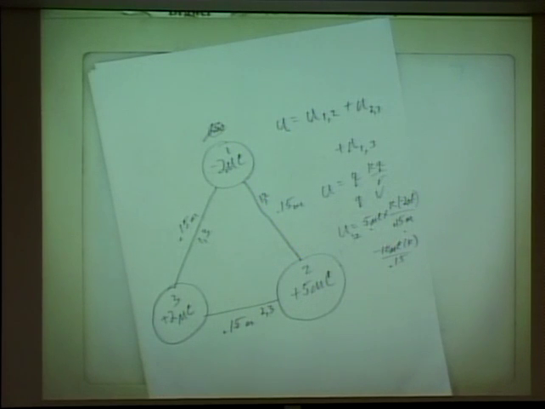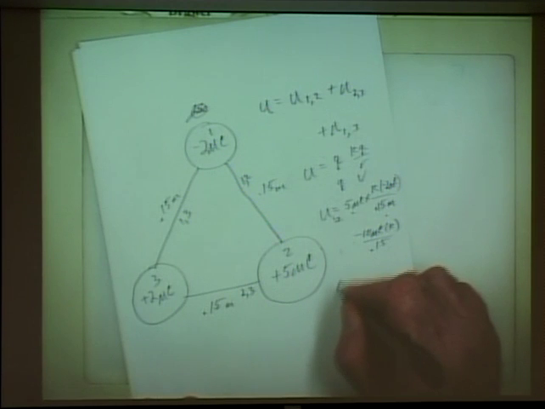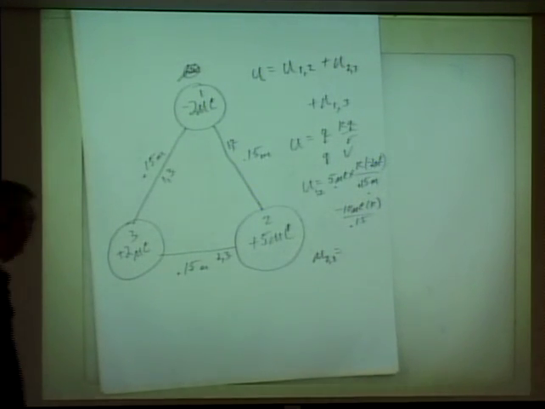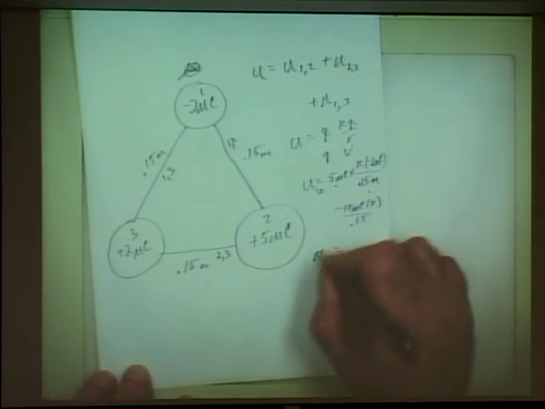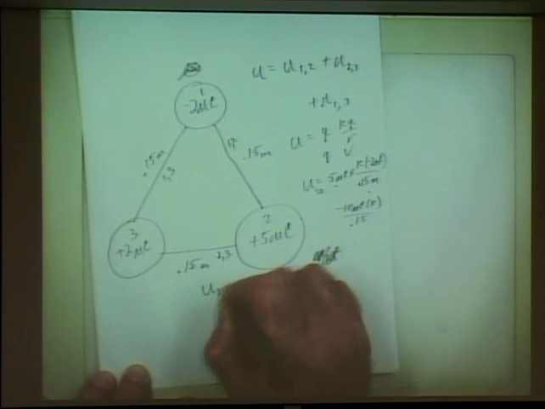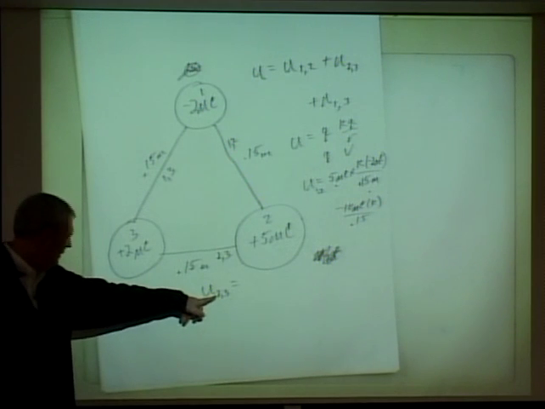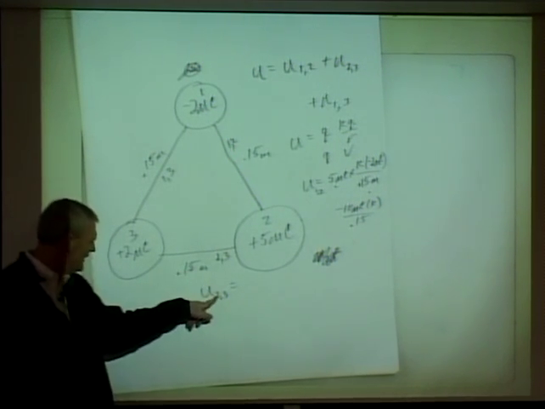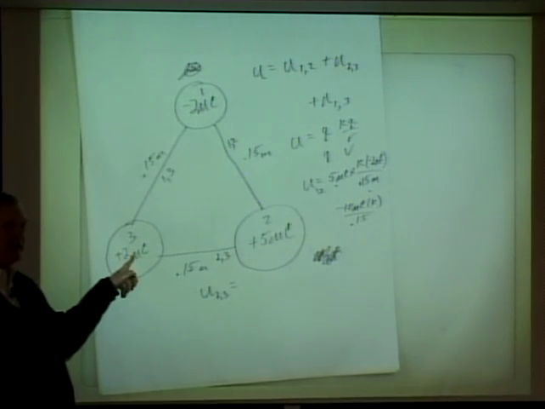So now let's find U23. I didn't mean to make that a microcoulomb guy, but I did. Sorry about that. That's the one problem with erasing. Let's do this. U23 then equals the potential caused by 2, this guy, multiplied by charge 3.